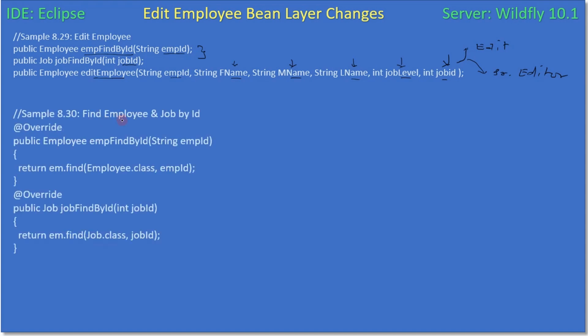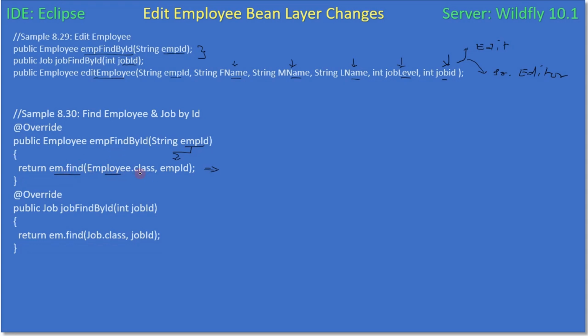Right, now we will go to bean implementation, and if you see emp find by ID, we are receiving employee ID as an input parameter. Here we are making a call to entity manager.find, then we are passing whatever is received. So this will return an entity because it is entity manager.find, right?